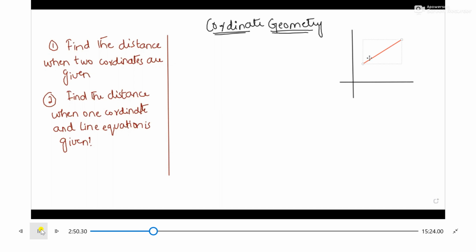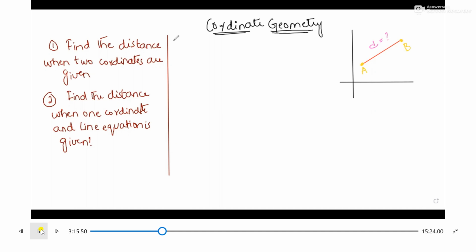So you have to find out, if the coordinate at this point, which is A, and the coordinate at this point, which is B, is given to you, how can you find the distance between the two coordinates, or the distance of this line?